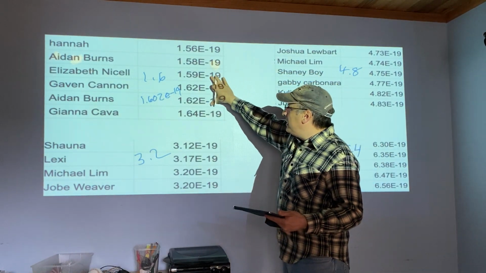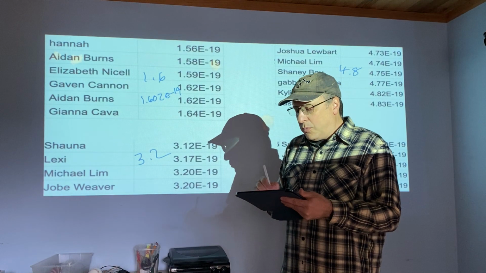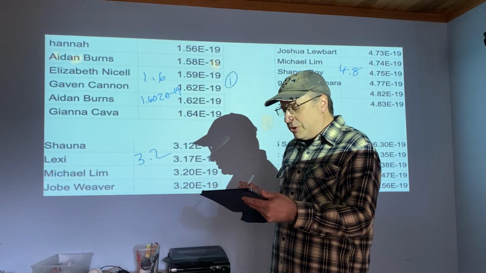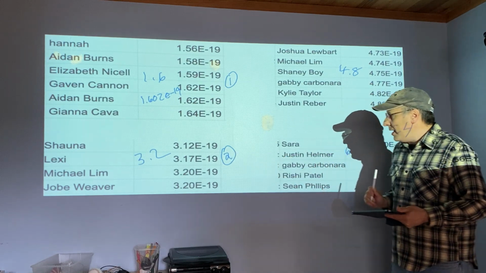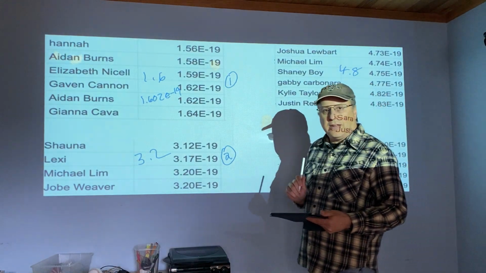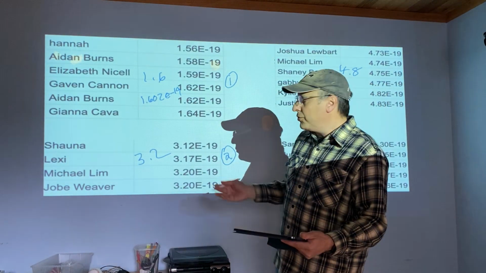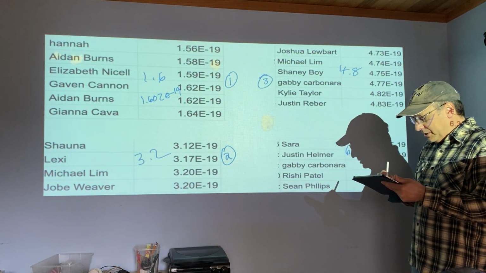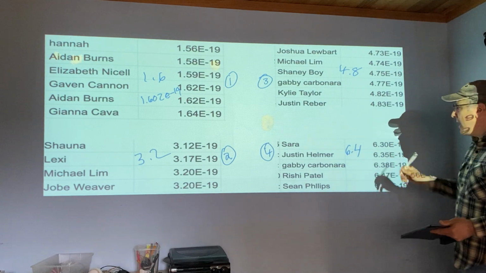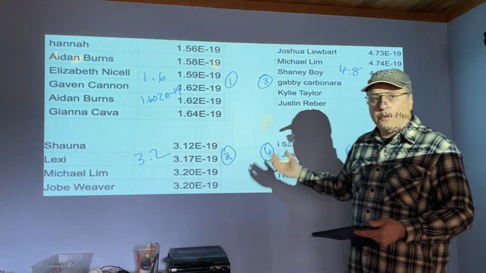He recognized that these drops of oil had one extra negative charge on them. These drops of oil had two extra negative charges. They weren't neutral. This one had 3 extra negative charges. And these had 4, and so on and so forth.